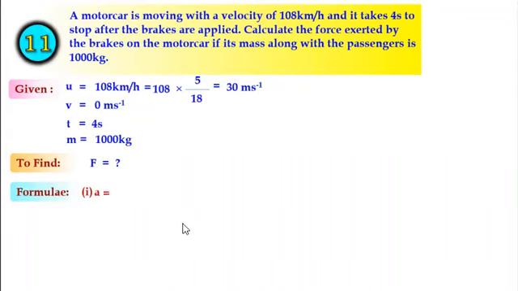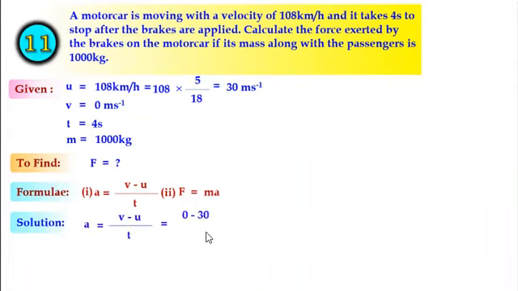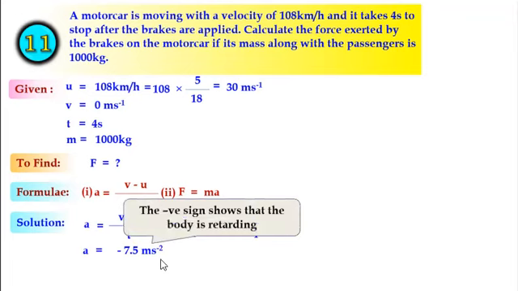A is equal to final velocity minus initial velocity by time. Find F is equal to M into A. Then solution: A is equal to V minus U by T, that equal to 0 minus 30 by T, that equal to minus 30 by 4, minus 7.5 meter per second square. That is acceleration.